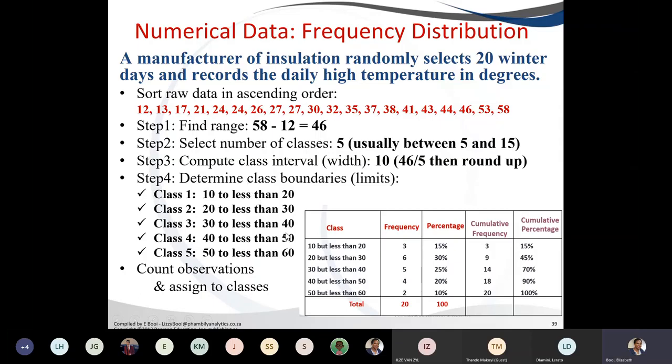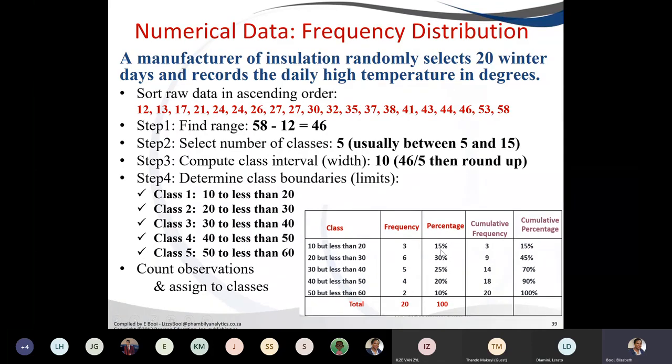Then we also say those that are between 20 but less than 30, we go 1, 2, 3, 4, 5, 6. It does not include 30, so this 30 won't be included, so there are only 6 there. And then you do the same for all of the values until you have recorded all of them. And when you add them up, the total should be the same as the number of values that were recorded. They should be exactly the same. There shouldn't be anyone who's missing.